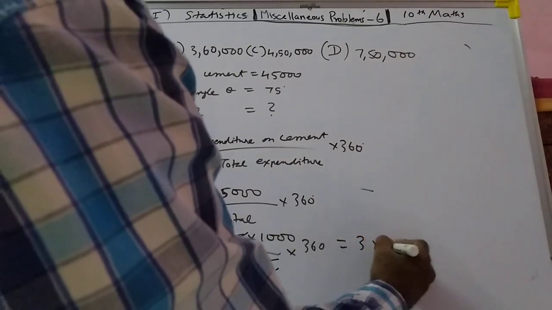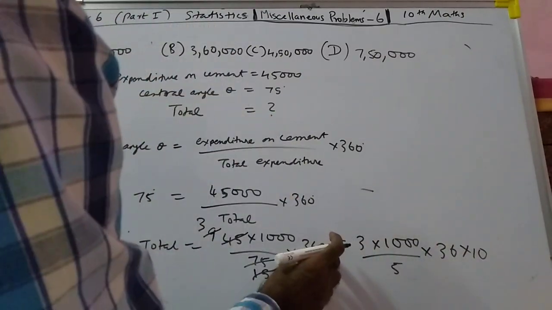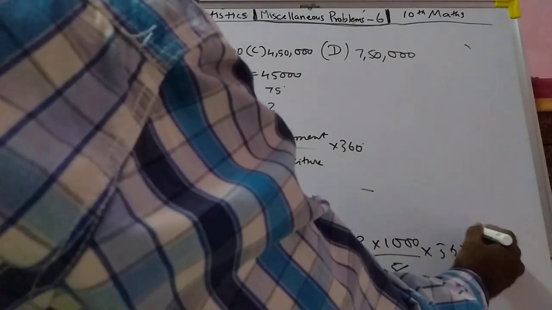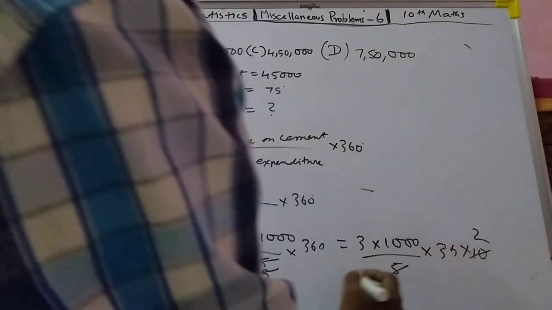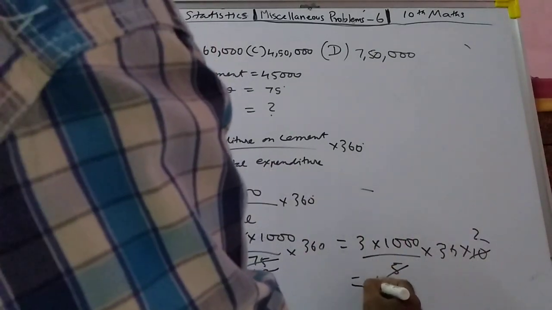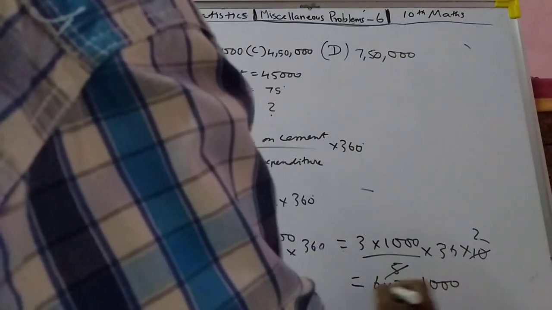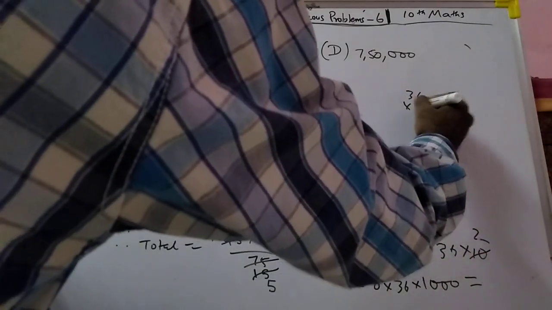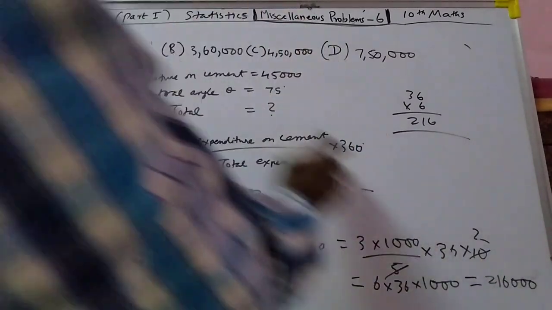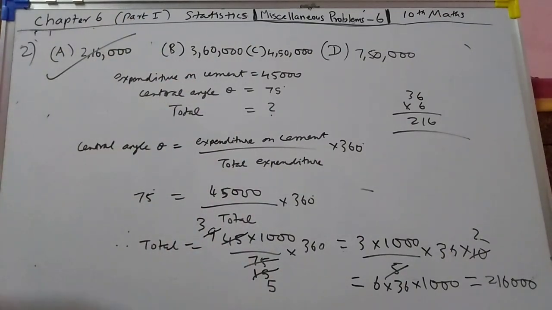Write it one more time, split it, so that you get 2 into 3, 6 into 36. Calculate 36 into 6. Option A, so option A is correct. Now let's do the next one.